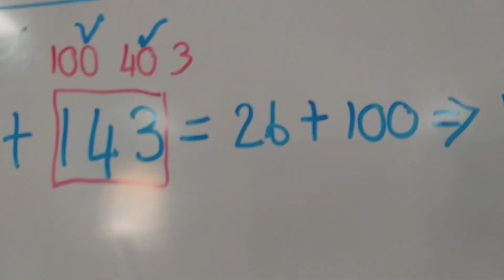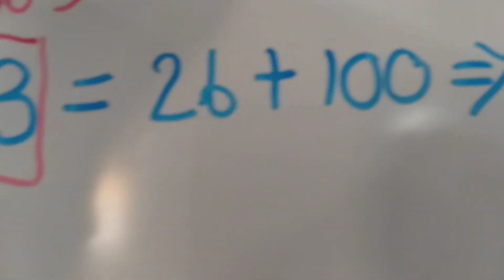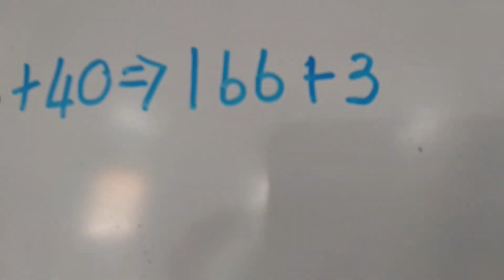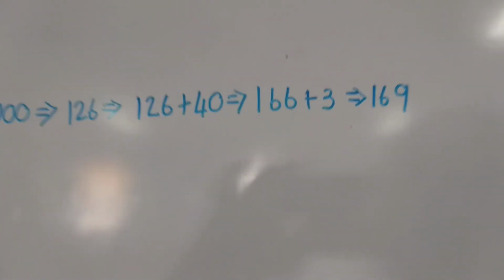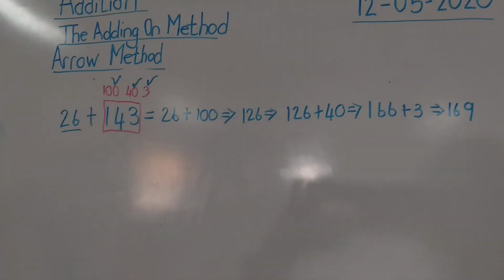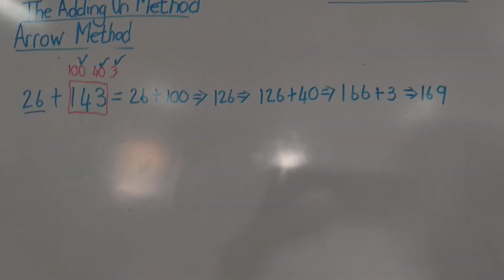No, we still have a 3 to add on. Let's add it. As you can see, these sums get very long. 166 plus 3, and we have a final answer of 169. So there's that final sum.